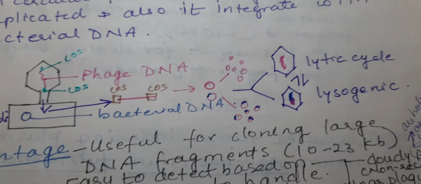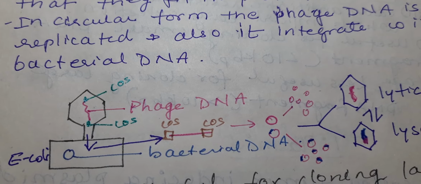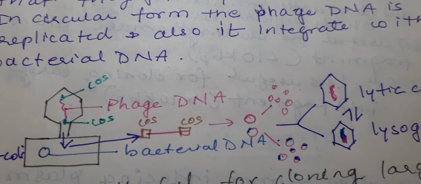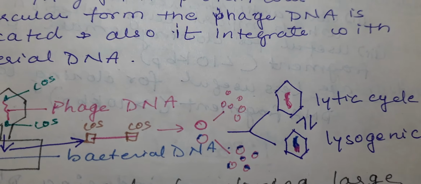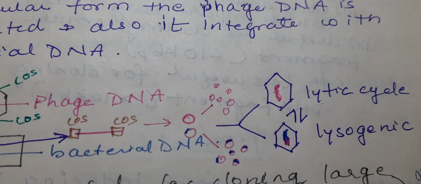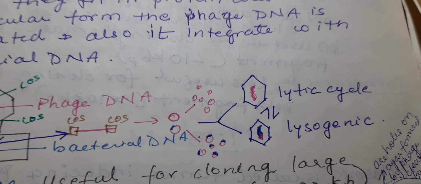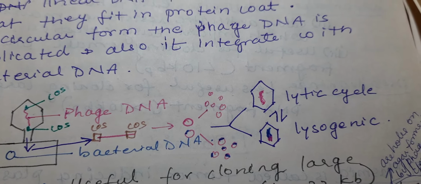If you see the other part, it may happen that phage DNA is integrated with bacterial DNA. This condition is called prophage, and a hybrid DNA between the bacteria and phage is formed.